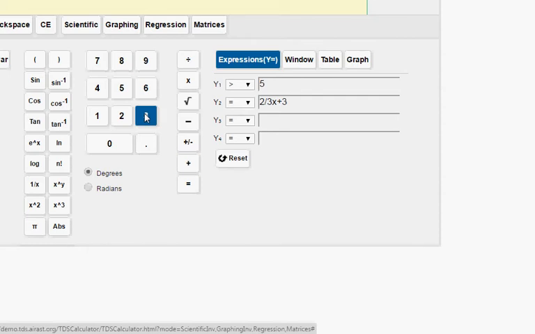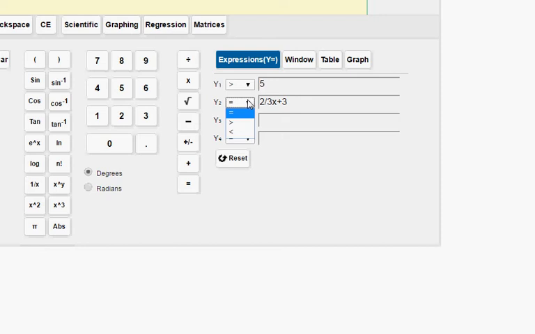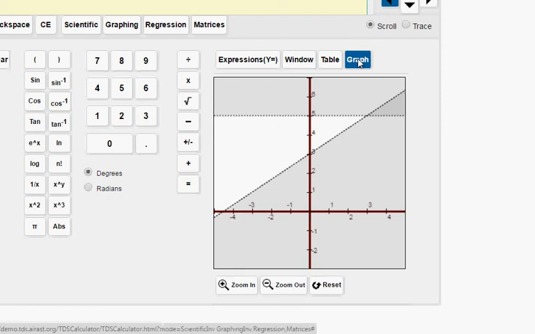So I'm going to graph this equation, and I want y is less than or equal to. So I'm going to choose the less than symbol, and now I'm going to graph and see both of these at the same time. And sure enough, what we have is, first of all, a horizontal line that passes through the points (1, 5), (2, 5), (3, 5), and so forth.